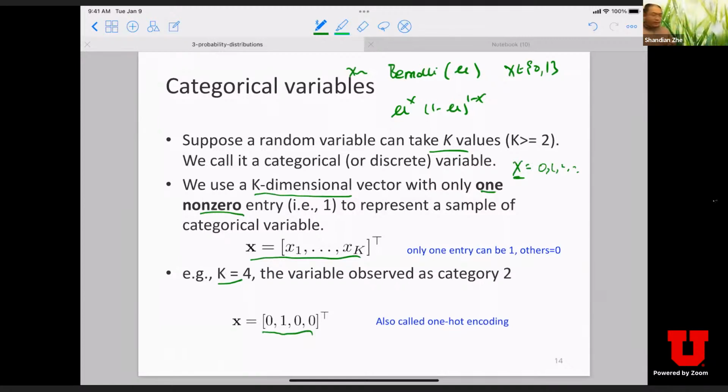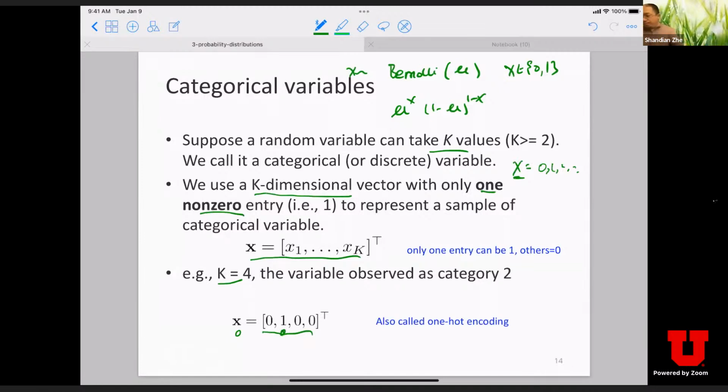The entry that takes the non-zero value, meaning 1, represents the particular category that x takes. So we see here, if we observe that x takes category 2, that means its second element is set to 1, and all the remaining elements are set to 0.